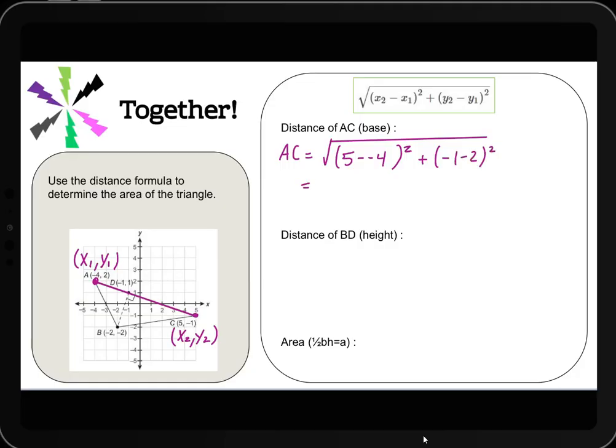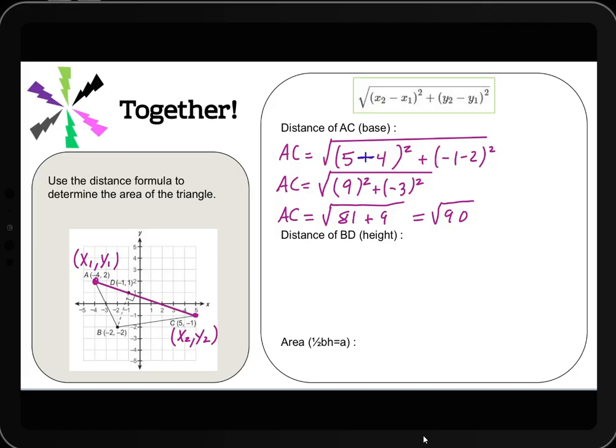Here we have negative, negative, that becomes positive. So I get 9 squared plus negative 3 squared. So here I've got the square root of 81 plus 9, and that's going to get me the square root of 90. Alright, we've got our length for our base. So our base is square root of 90 and it's ready to go.